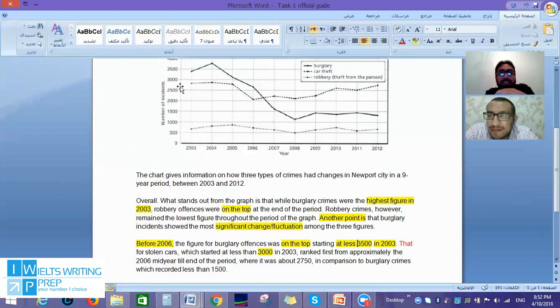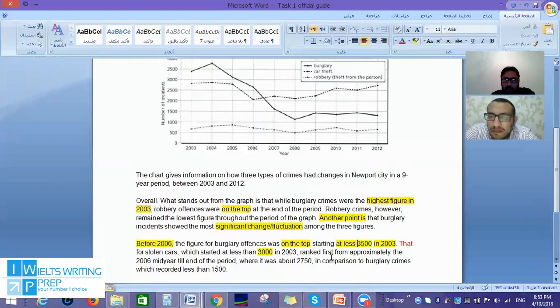I just want you to be as accurate as possible. I don't like "around" or "just under." I'd say approximately 2,800, something like that. And here I wouldn't be happy with "just under 350." This is like 1, 2, 3, 4, so I would say approximately 3,400. Let's keep the numbers as close as we can.